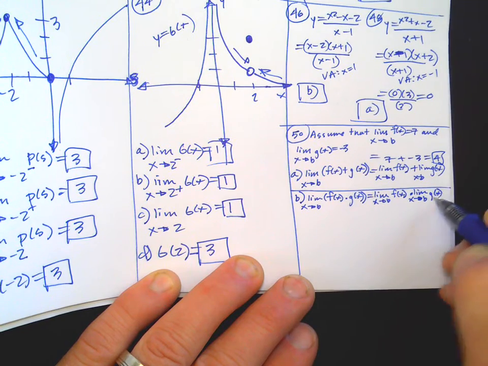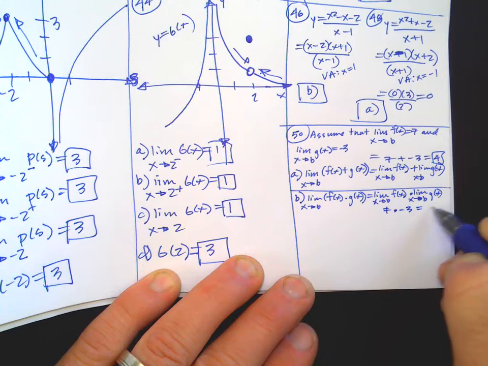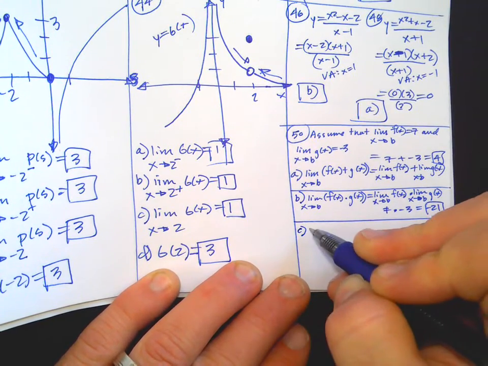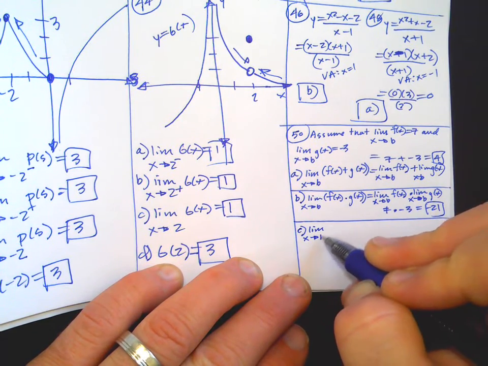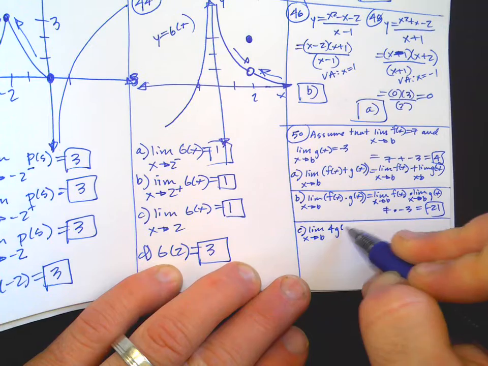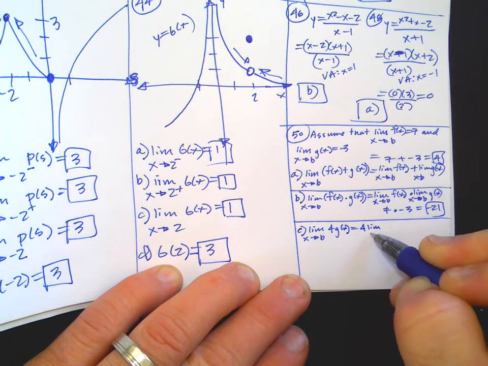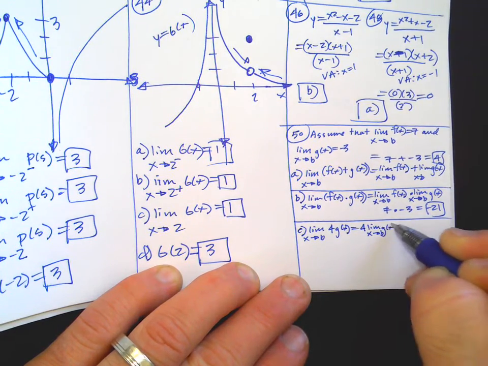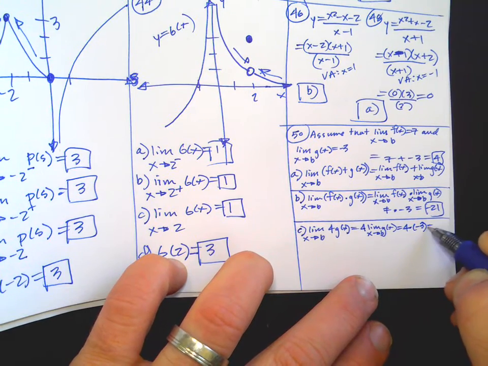So that's just going to be 7 times negative 3, which equals negative 21. And then C says the limit as x approaches b of 4 g of x. Well, properties of limits say that you could bring that 4 outside of the limit because it's just a constant. So that's going to be 4 times negative 3, which is negative 12.